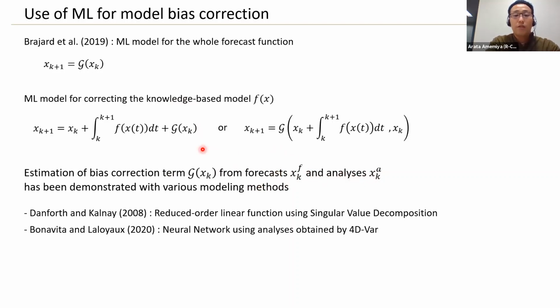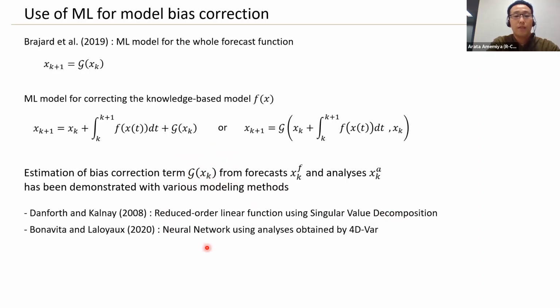So actually that approach is already popular. The estimation of the bias correction term from forecast and analysis has been done by previous studies with various modeling methods. For example, the study by Danforth and Carney 2008 used a reduced order linear function using singular value decomposition for this bias correction term.